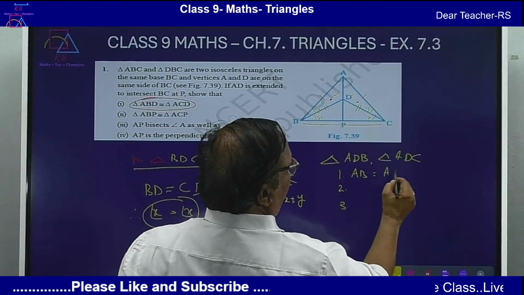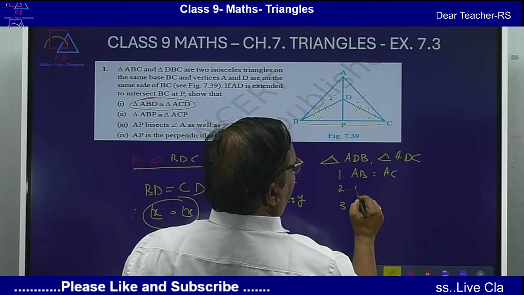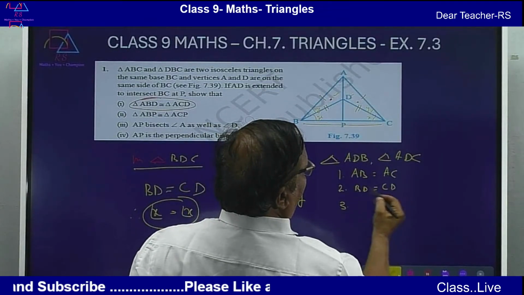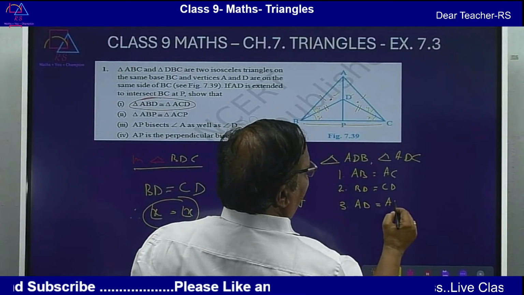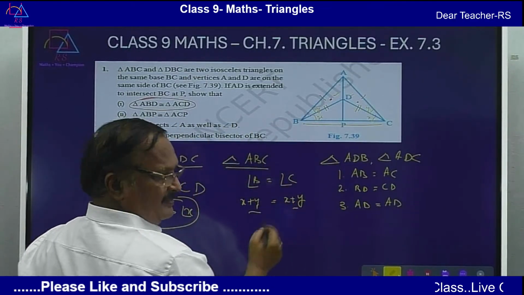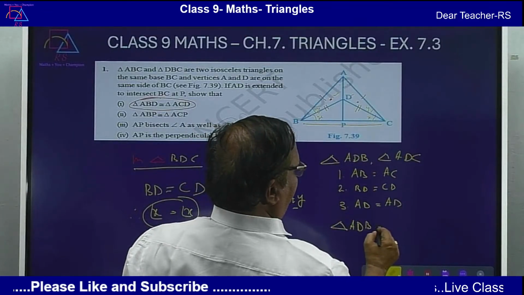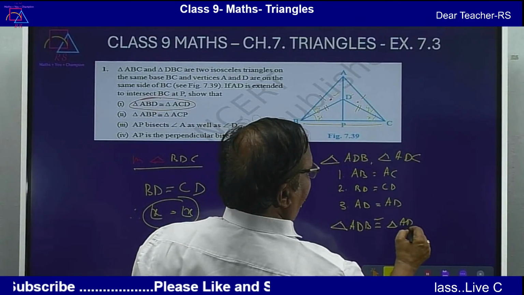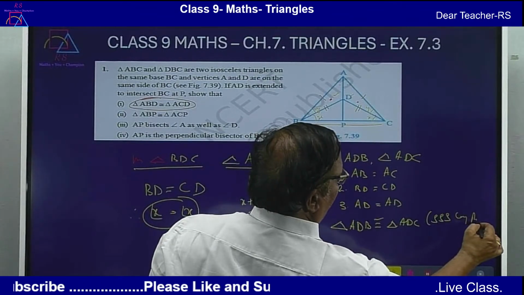Okay. And BD is equal to CD. AD you can take common. AD is equal to AD. There is no need of this. Therefore, triangle ADB is congruent to triangle ADC by SSS congruency rule.